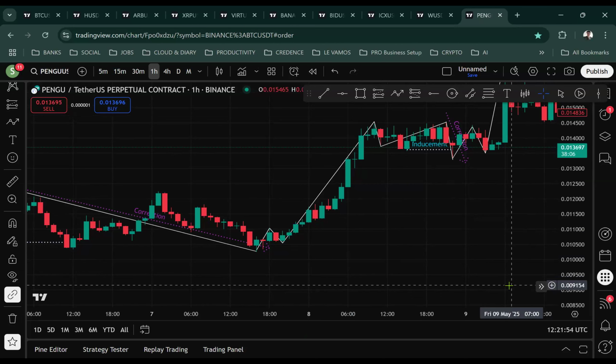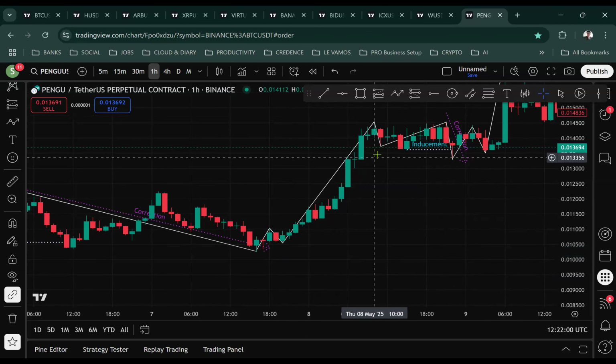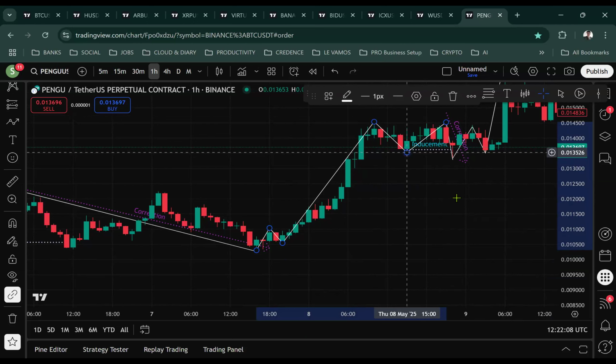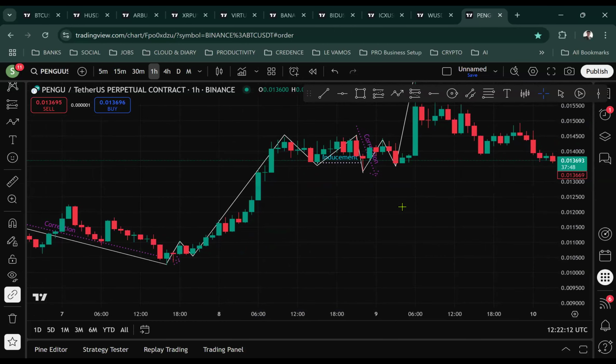The valid pullback you just marked now did not get to the lowest candle. Oh, sorry. Start this one, the next one. Yes, correct.